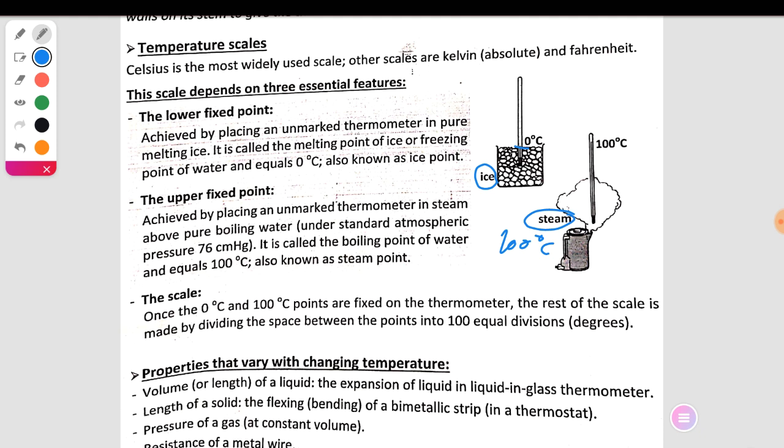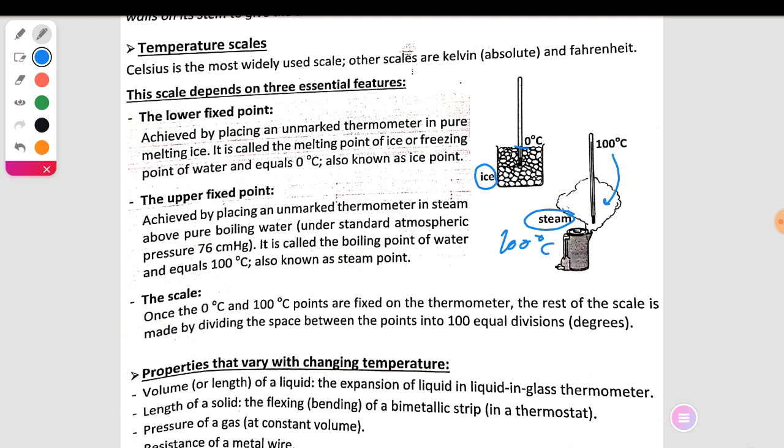Because the extra heat is used to break the bonds between molecules, so the molecules escape from the surface of the liquid in the form of steam. Steam has a constant temperature, 100 degrees.